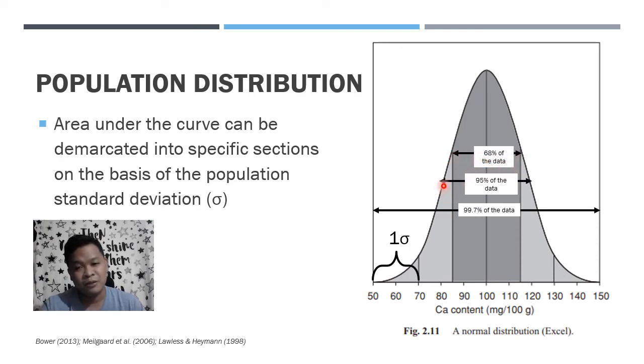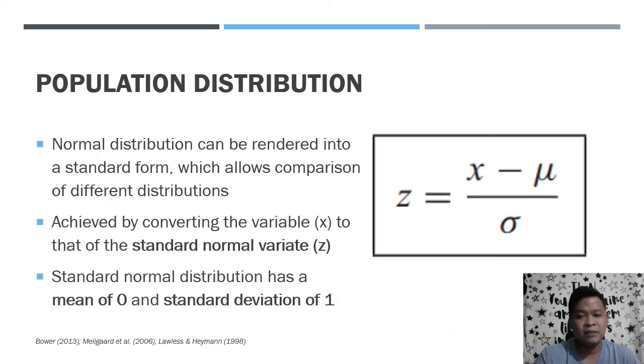And within two standard deviations, you expect 95% of the responses to fit within that. And within three standard deviations, you expect nearly 100% of the data to fit within that. So again, this has been discussed previously.